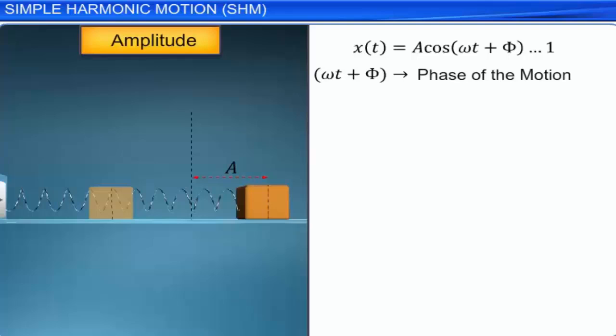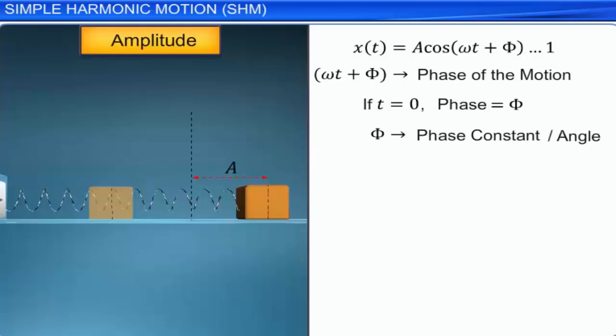At time t equal to 0, the phase is equal to phi, and this is called the phase constant or the phase angle. It is the initial phase of the particle executing simple harmonic motion.